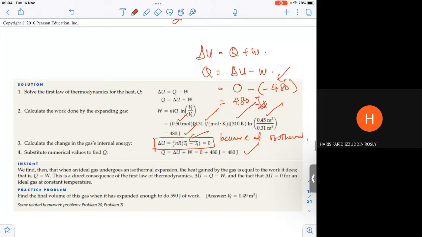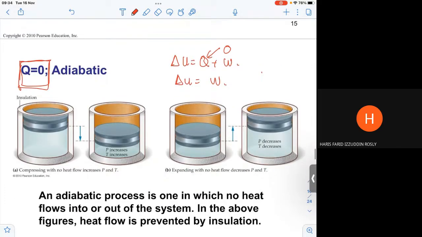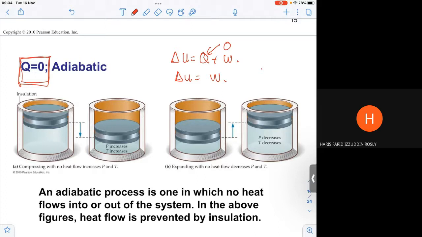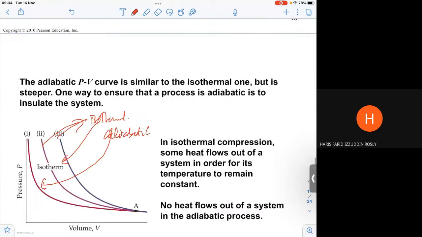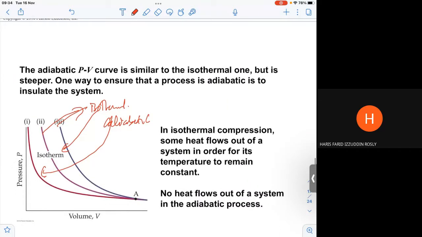So therefore, delta U will be 0. For the adiabatic, the main thing is there is no heat, Q equals 0. How to differentiate between adiabatic and isothermal? Adiabatic is steeper compared to isothermal. So in this case, adiabatic is number 1.